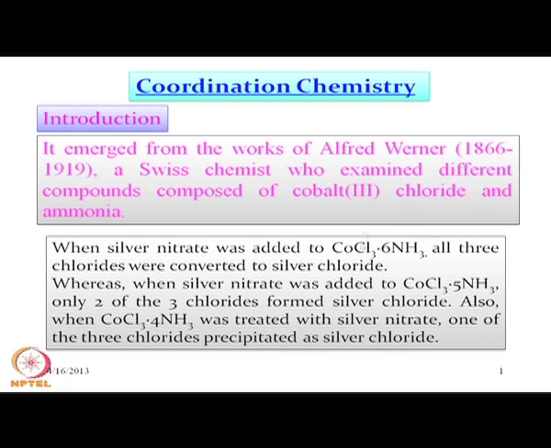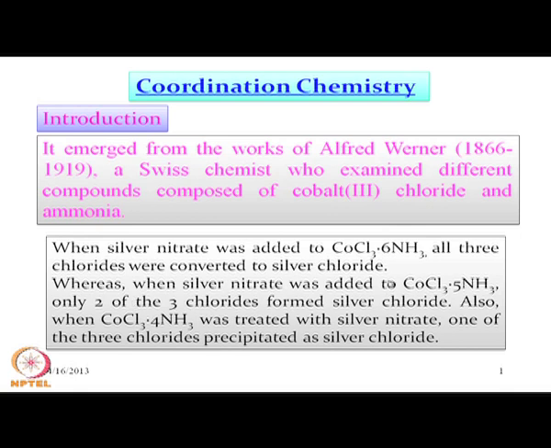That means all the chloride ions are present in this particular species as Cl minus, the anionic Cl minus. So, it is not directly attached to the cobalt center giving some covalent bond, it is giving a typical ionic bond and all the chloride ions can be removed.